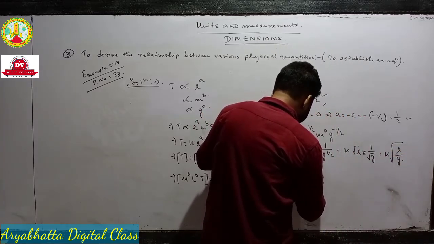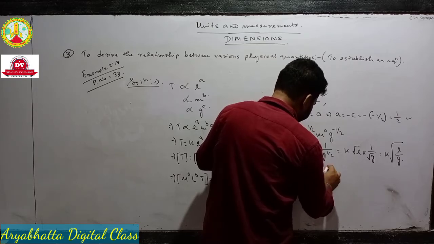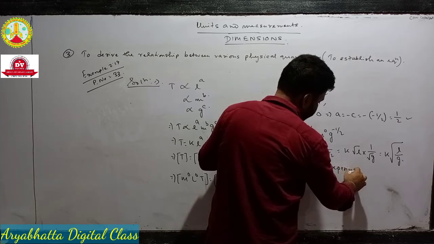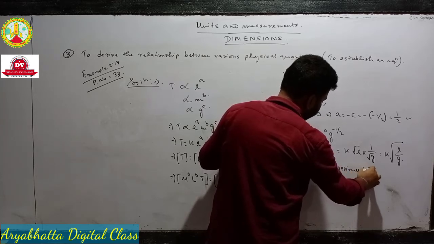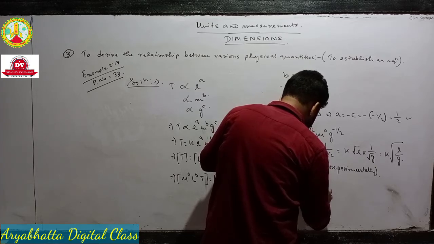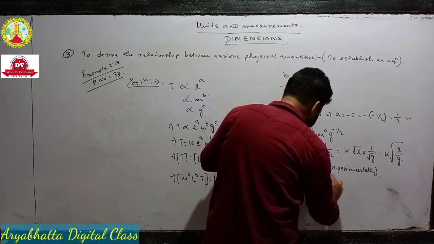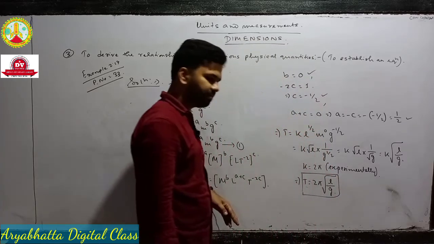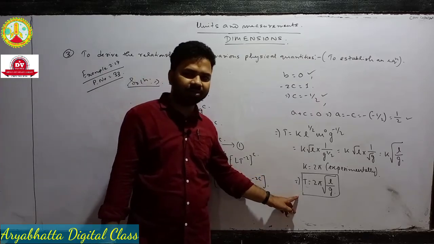K is equal to twice pi. This value you will get experimentally. So K equal to twice pi. So the equation will be T equal to twice pi root over L by g. So this is the time period of a simple pendulum. This is with the help of the dimension method.